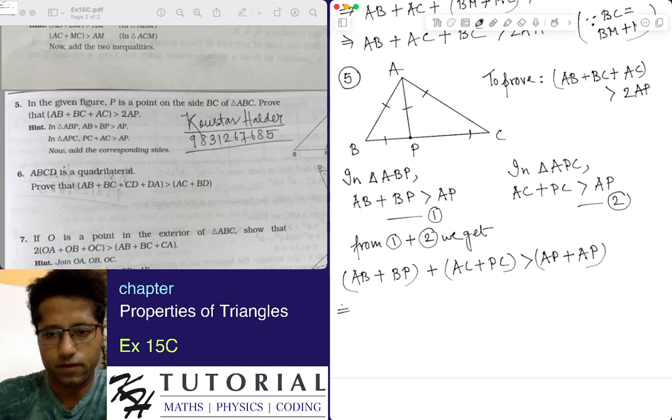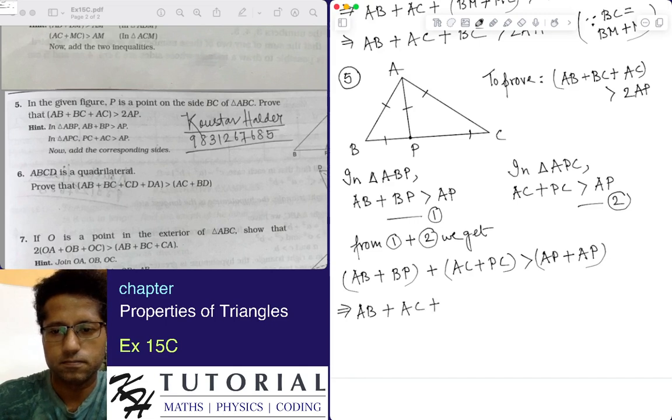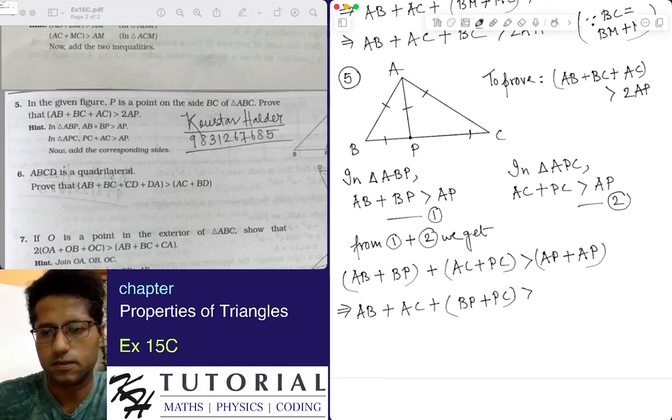Simplifying further, we get AB plus AC plus BP plus PC is greater than twice AP.